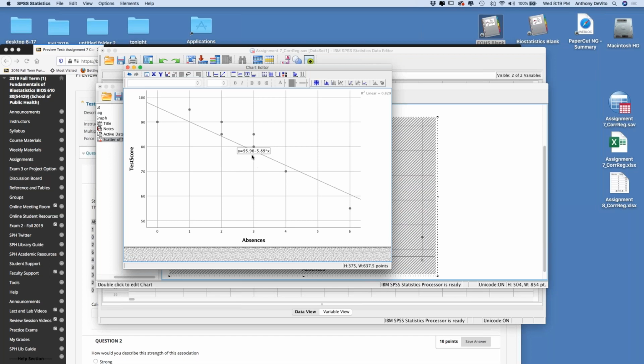Okay, now that's interesting because now we say to ourselves, it looks like I have a pretty strong correlation over here. Looking at this graph, think to yourself, what do you think the R value is going to be? First of all, what sign is it going to be? I'll give you a second to think about that. And what do you think the number is going to be? I'm looking at this and I'm thinking, it's a negative correlation, so the R value is going to be negative.